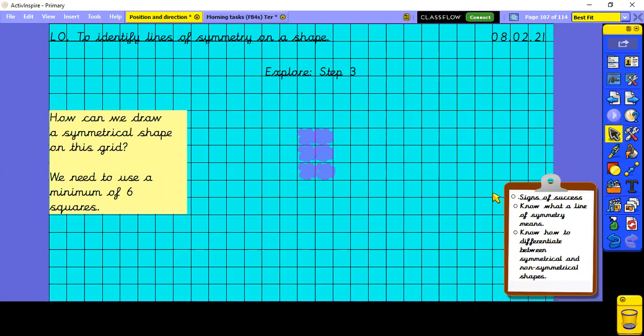And then I thought, can I draw a rectangle using 6 squares? And I thought, yes, I can. So here I've done 3 squares for each column, and all together it makes a rectangle. So obviously this is just rough. So when you do this in your books, you could sketch it a bit neater than I have. Okay, so that is how we use squares to draw a symmetrical shape.